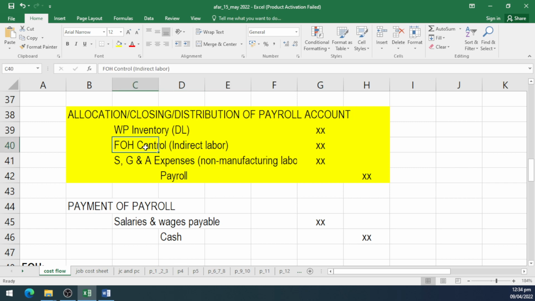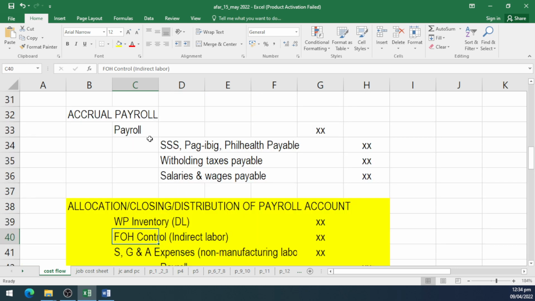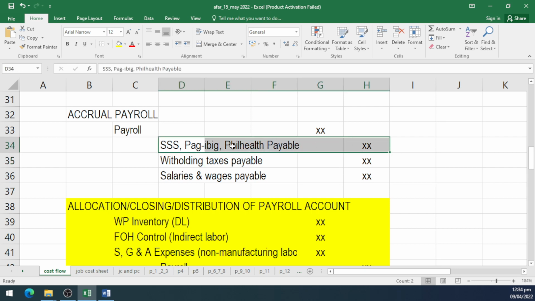Ngayon po, dito sa SSS, Pag-ibig and PhilHealth, meron ding share ang employer dyan. Hindi po ito ating share. Ang dinideduct natin sa payroll is the employee's share.